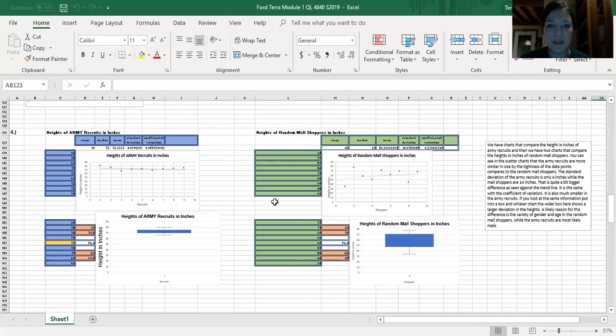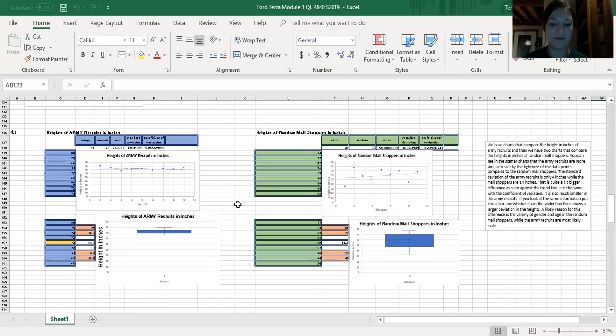You can see in the scatter charts here that the Army recruits are more similar in size by the tightness of the data points compared to the random mall shoppers, which are more spread out. The standard deviation of the Army recruits is only 4 inches right here, while the mall shoppers is 14 inches. That is quite a big difference as seen against the trend line.